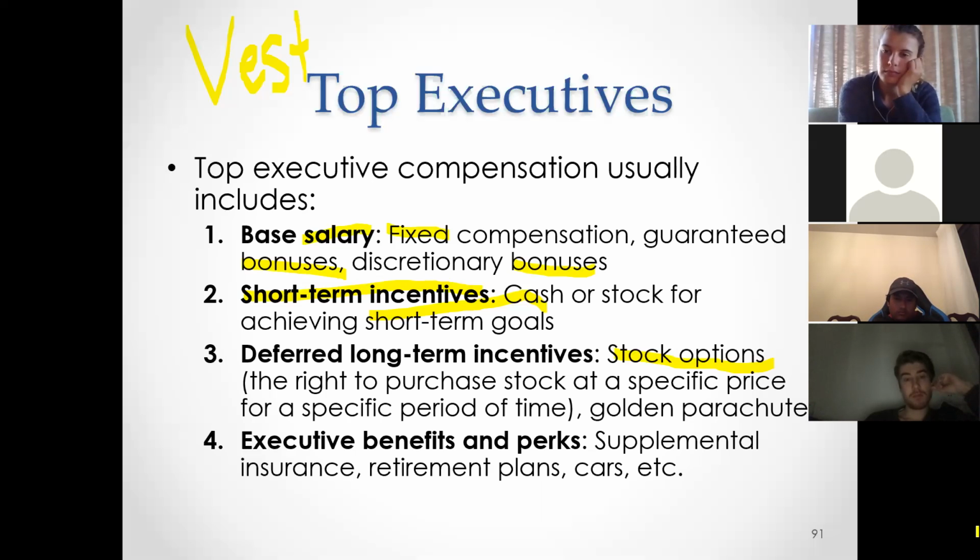Now, let's say you work really hard as the manager of operations in China and the company grows. And now after 3 or 4 years, our stock is worth $10. You have the option at any time to buy shares at $4 and immediately sell them for the market price of $10.